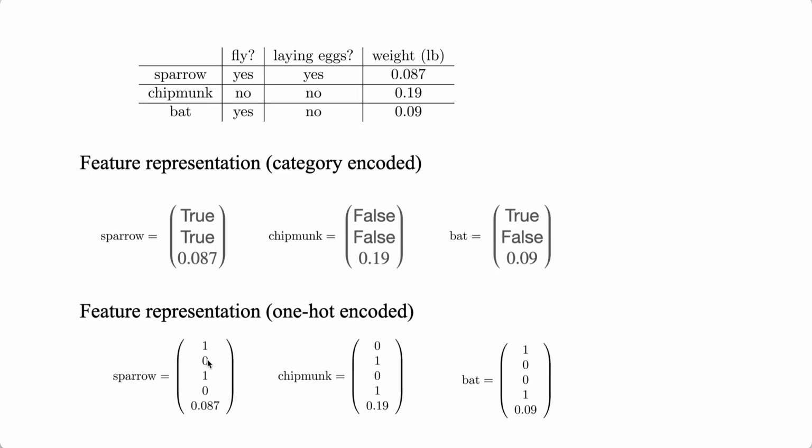If this was color and maybe there were 5 colors, then we would have 5 dimensions here for color, and each one of them would be a separate color. This would be the red dimension, yes red, no red. Then there would be the blue dimension, yes blue, no blue. Then there would be the orange dimension, yes orange, no orange. Every one of the 5 colors we're trying to encode would have its own separate dimension in the vector. And the only possibilities of that dimension are yes or no, 1 or 0.